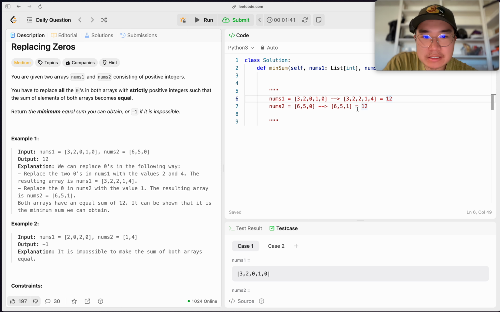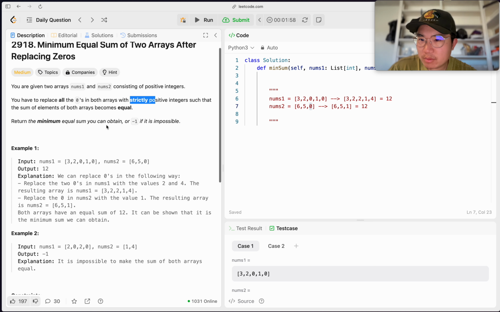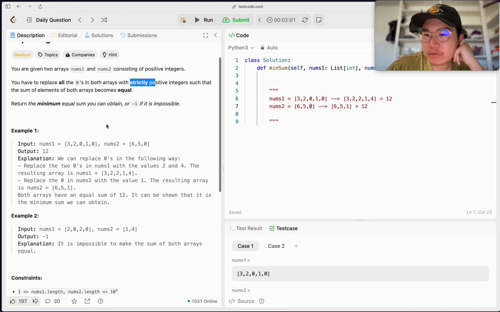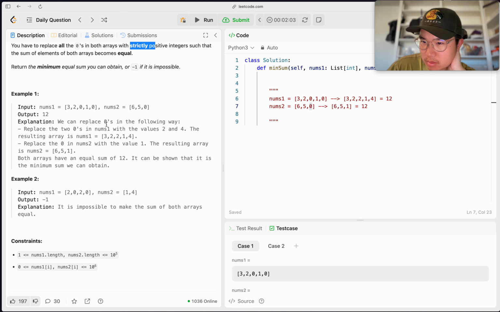So when we replace a 0 right here, we have to replace it with a strictly positive integer. And I guess in a greedy way, we always want to try to replace it with a 1, because if we want a minimum sum, we should only be replacing with 1. So I feel like that would be a very easy problem, right?